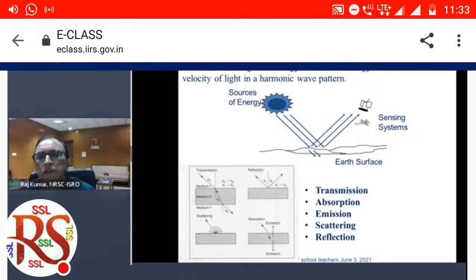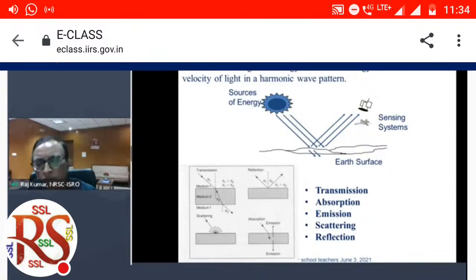In addition to absorption, there will be emission also, because at different wavelengths, energy will be emitted differently. Then scattering, as I was saying, all the energy we are getting in the sensor will be scattered back.